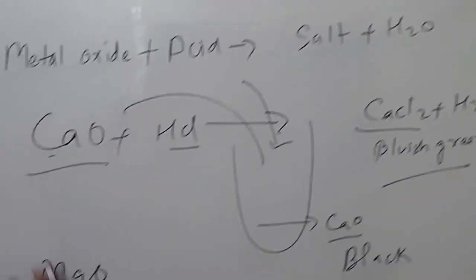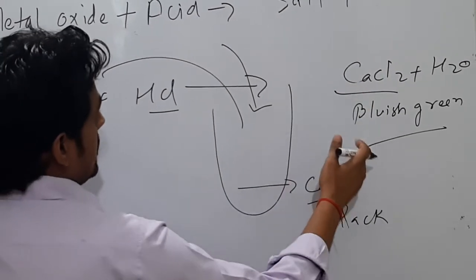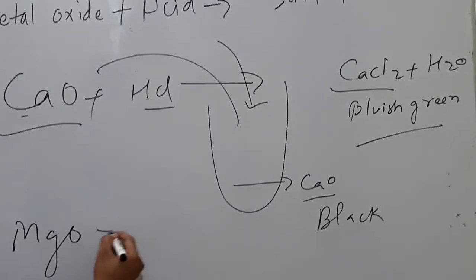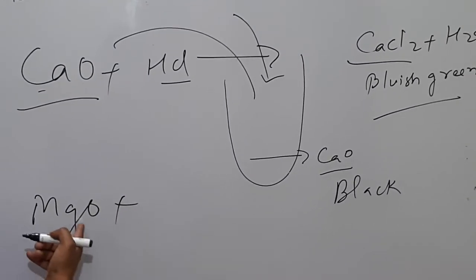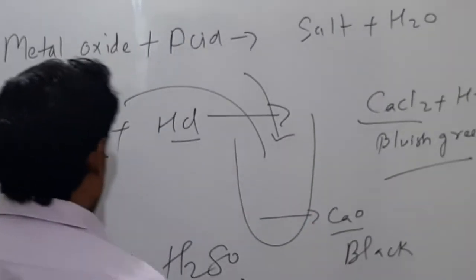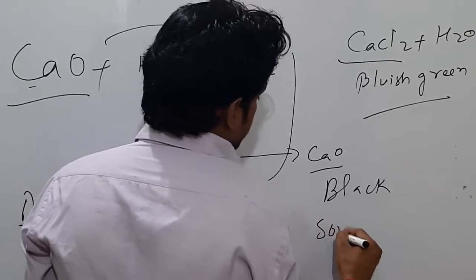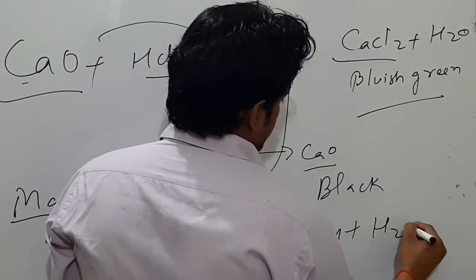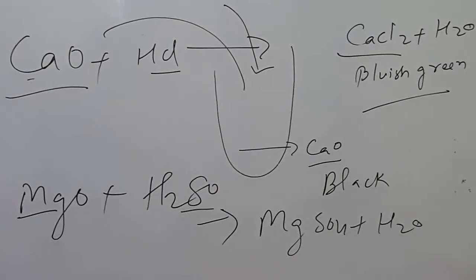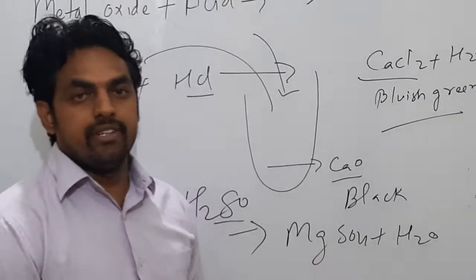That is CaO metal oxide है और ये HCl के साथ react कर रहा है, forming CaCl2 and H2O. And metal oxide MgO, also react कर देते हैं with H2SO4. What will it form? MgSO4 plus H2O. Okay. These are the reactions taking place whenever an acid reacts with these substances.